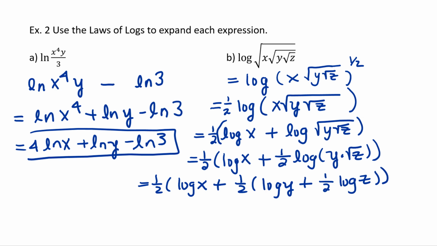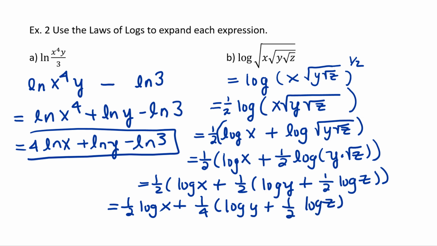of log z. Now let's take care of all of the 1/2s and multiply it through. So this becomes 1/2 log x plus 1/4 of log y plus 1/2 log z, and then let's expand the 1/4 to the rest of the terms.